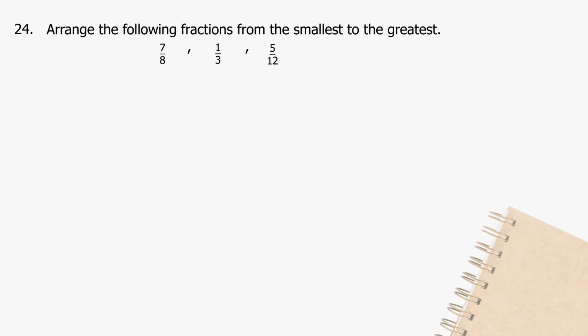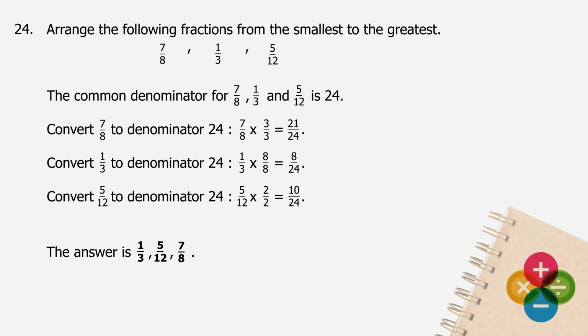Question 24. Arrange the following fractions from the smallest to the greatest: 7/8, 1/3, 5/12. The common denominator for 7/8, 1/3, and 5/12 is 24.